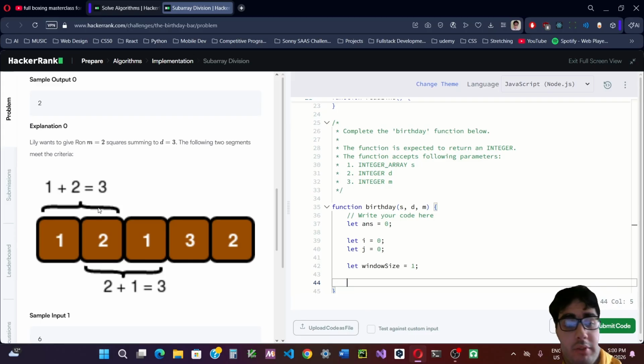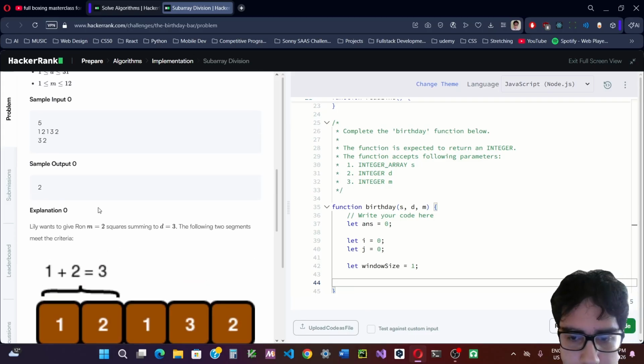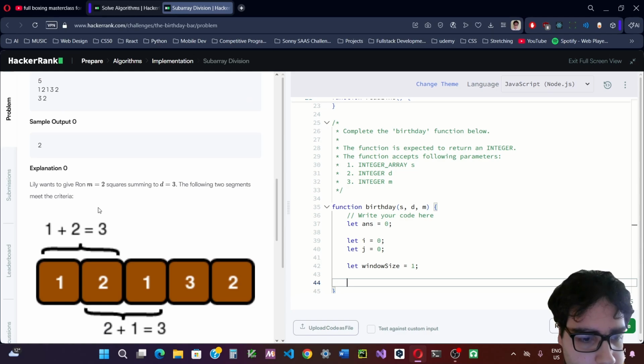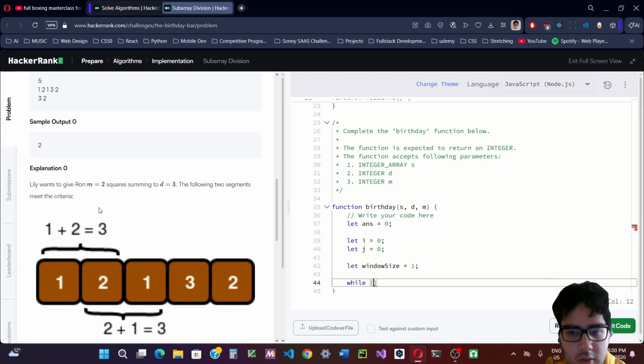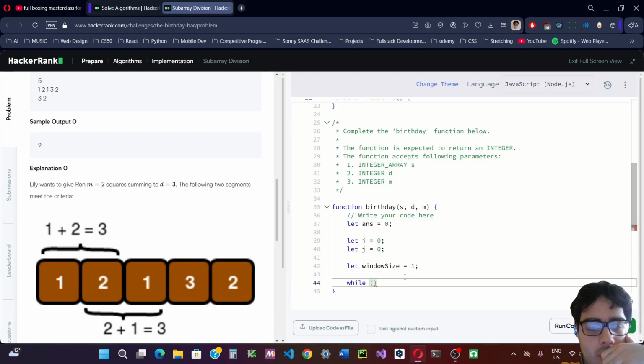So I want to keep increasing the window size.